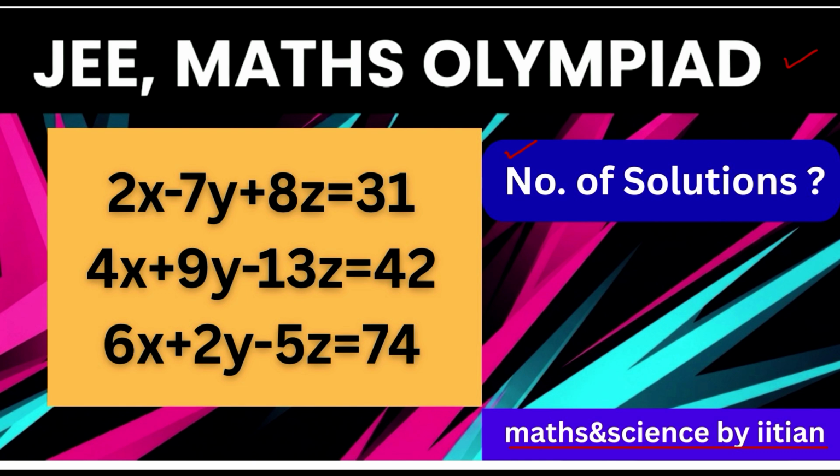The equations can be consistent with unique solution, they can be consistent with infinite solutions, and the system of simultaneous equations can be inconsistent without a solution. Now we have to find out the behavior, whether there is a solution for these equations, or if there is a solution, whether it is a unique solution or whether it is infinite number of solutions. We have to find the number of solutions if solution exists.